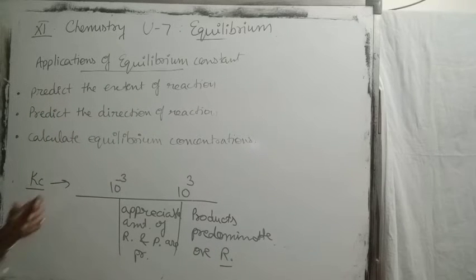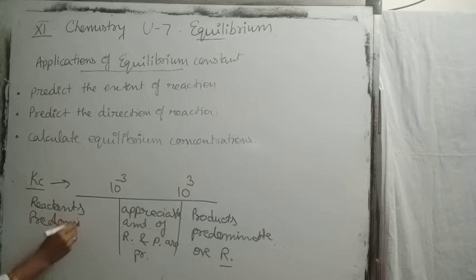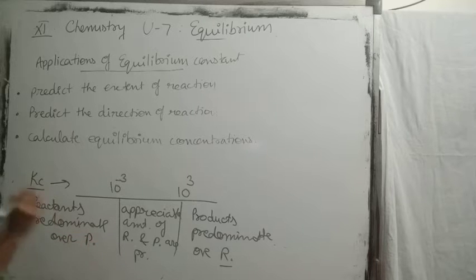If the value of Kc is less than 10 to the power minus 3, an extremely small value, it indicates reactants predominate over products.